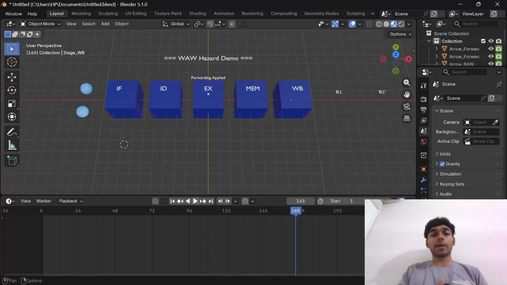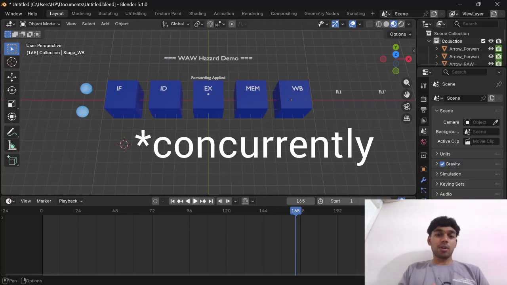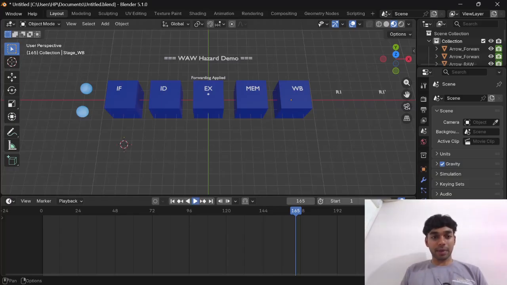Now let us look at our second dependency. It is WAW, write after write. This dependency arises when both of the instructions move parallelly in all the phases and both of them have to write back consecutively in the registers. Let us look at it practically.